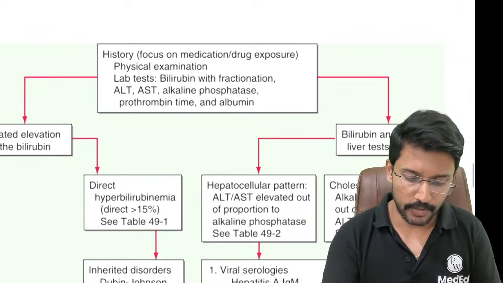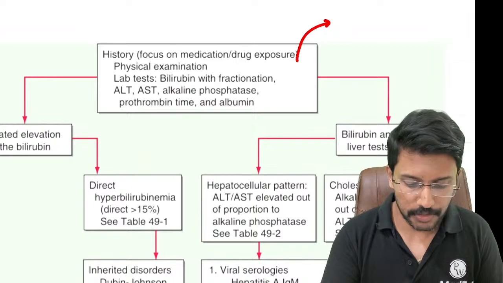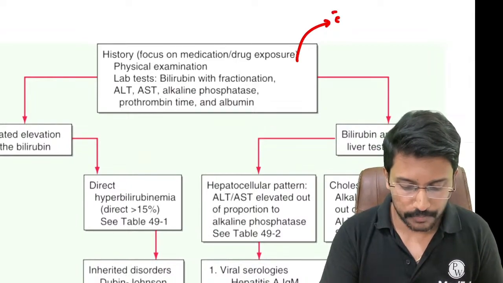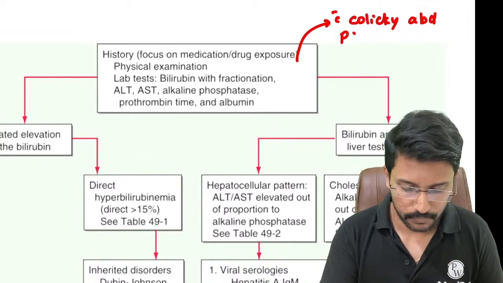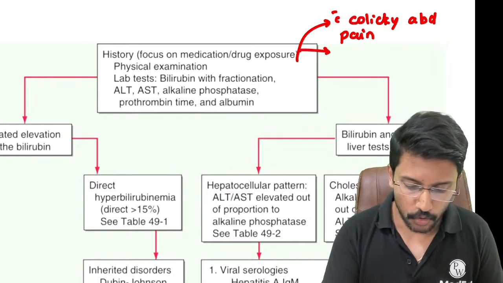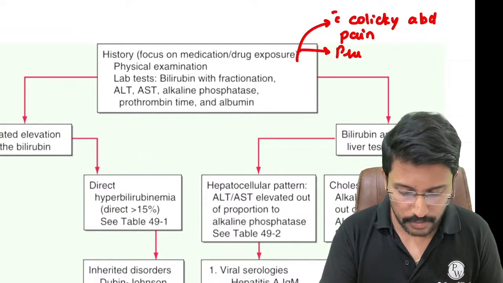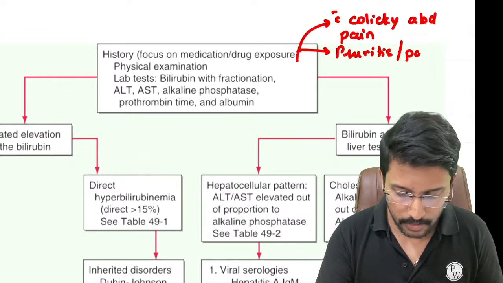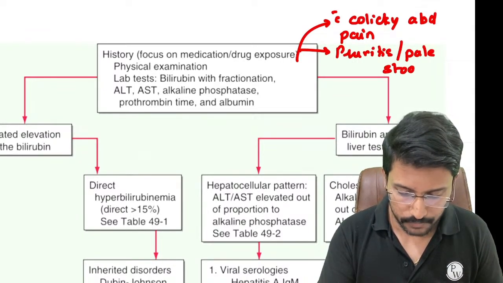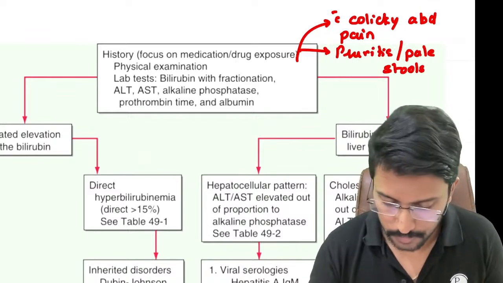But 2-3 important points I want you to remember. If we have a patient with jaundice with colicky abdominal pain, what do you suspect? If you have a patient with jaundice and pruritus, along with that you also have pale stools, what do you suspect?